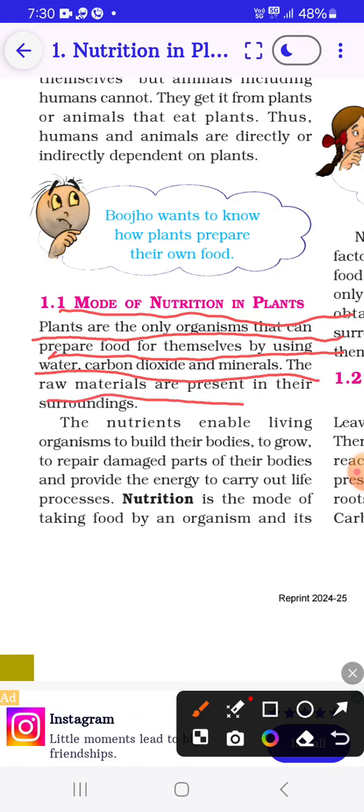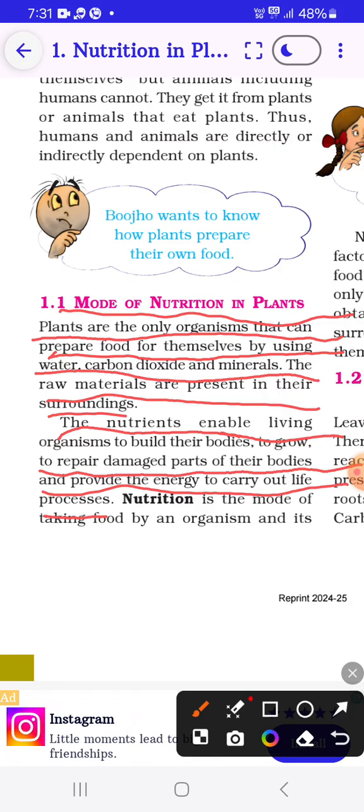These raw materials are present in their surroundings. The nutrients enable living organisms to build their body, to grow, repair damaged parts of their bodies and provide energy to carry out life processes.